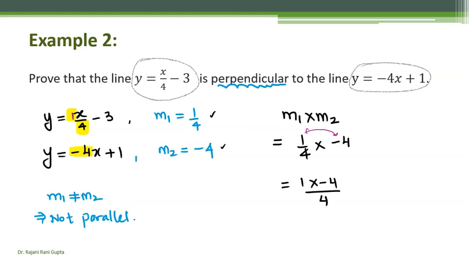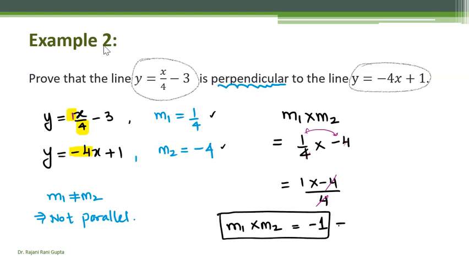You can cancel 4 from numerator and denominator. You can even cancel 4 at this stage directly. It's fine. So this gives you 1 multiply minus 1, so it is minus 1. So we obtain m1 cross m2 as minus 1. This means the lines are perpendicular. I hope now it is clear.